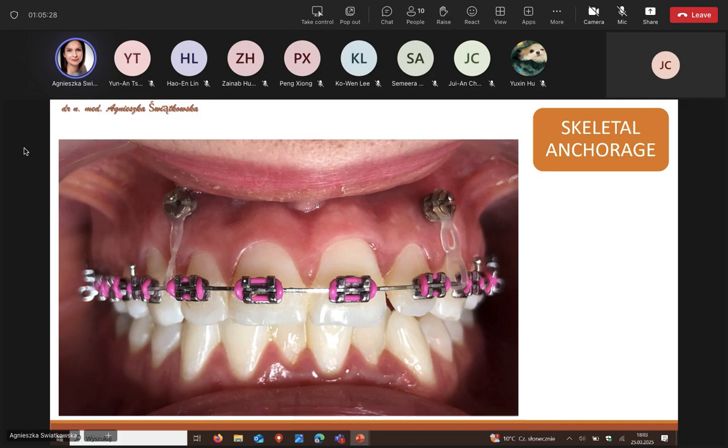So we achieve correction. Remember that we are never planning huge intrusion, because it's a very invasive movement, and we can expect resorption.